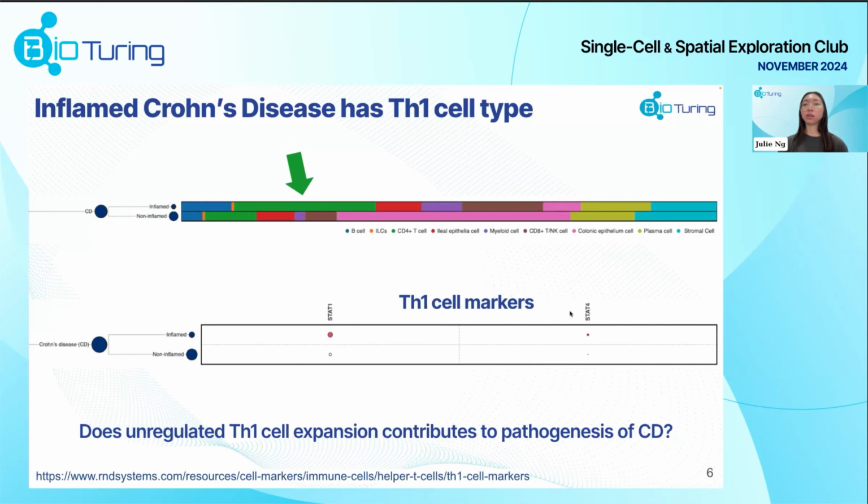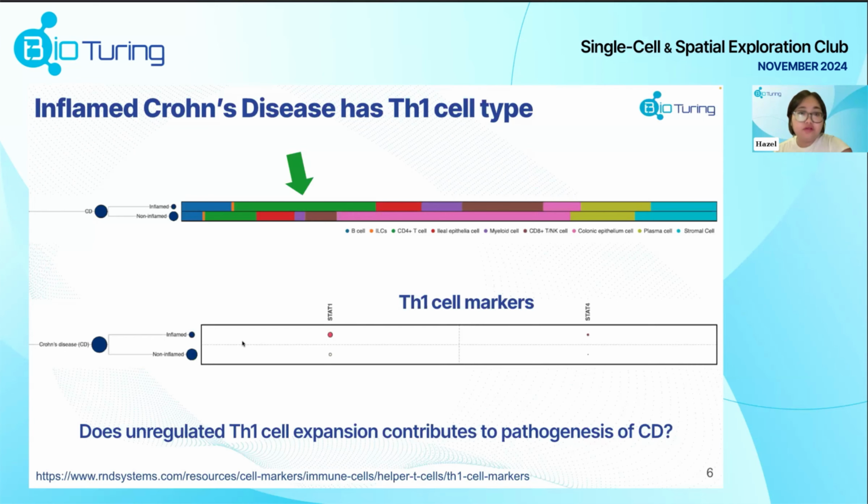These two genes are markers for the Th1 cell subtype, a subtype of the CD4 positive T cells. This leads me to my next question about whether this unregulated Th1 cell expansion may or may not contribute to the pathogenesis of Crohn's disease.